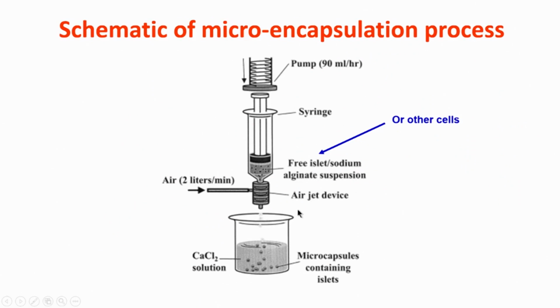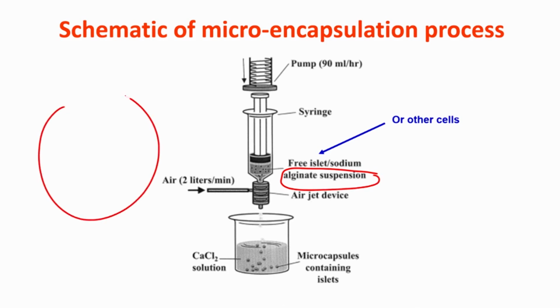So, here is just a very crude example of a microencapsulation process. In this case, and we have discussed this before, you are looking at an alginate-based drop solution. So, this is the hydrogel.